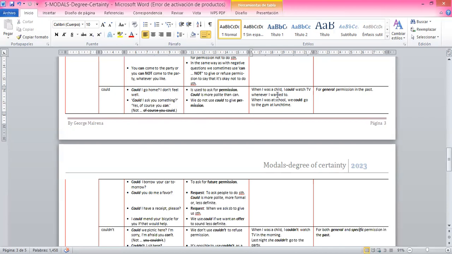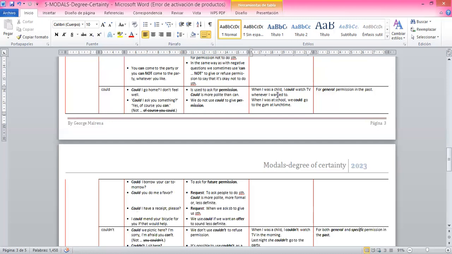What's the difference in the last one? If you can see, in the question we are using "could", but in the answer, the person is using "can". Can you see it?